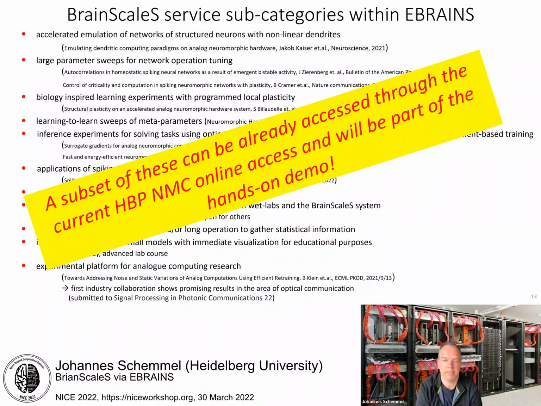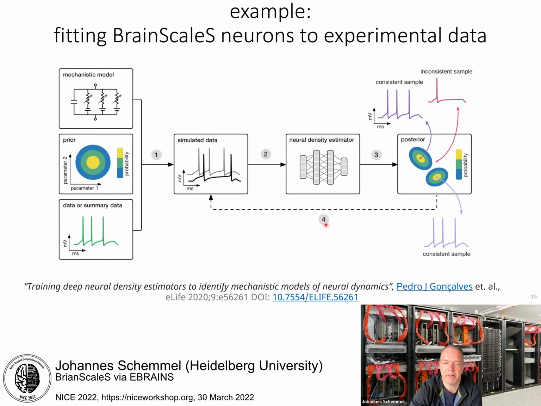And then you want to fit your neuromorphic circuit to model this neuron you have in the experiments. And here we are working with a method from Pedro Gonçalves et al., Training deep neural density estimators to identify mechanistic models of neural dynamics. It works in principle by training a neural density estimator, which learns what are the best parameters for your model to match the experimental data.